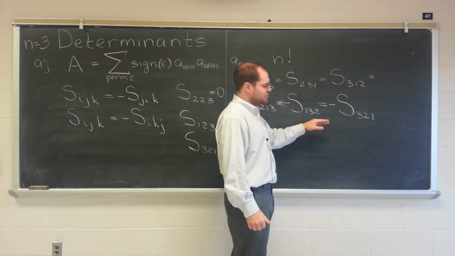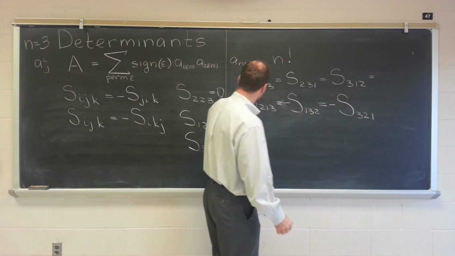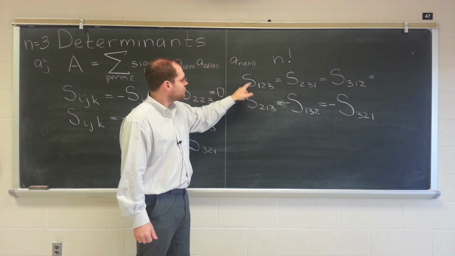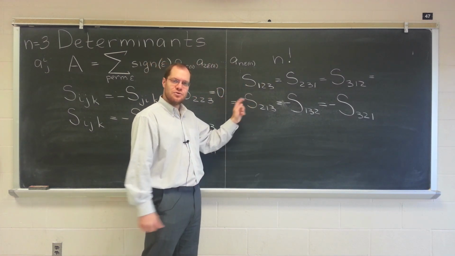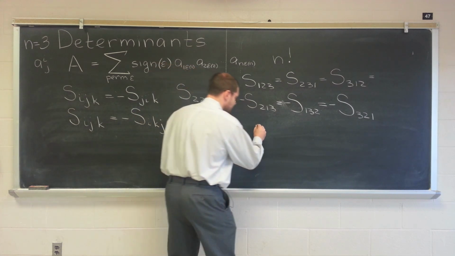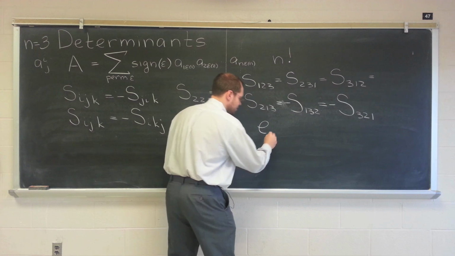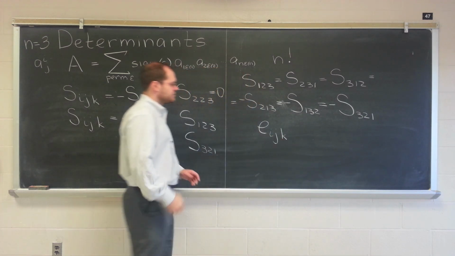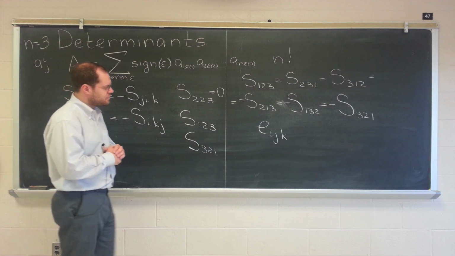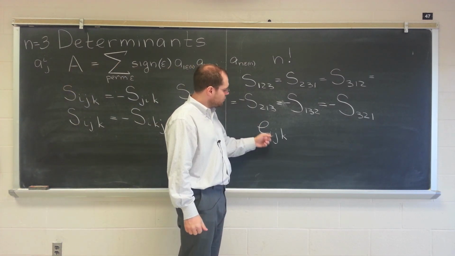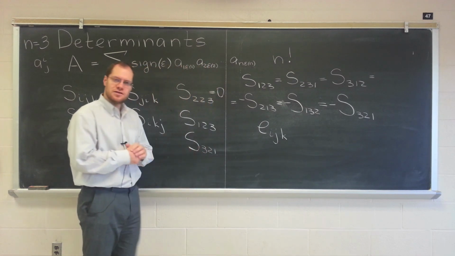And of all these skew-symmetric systems with one degree of freedom, let's look at the one for which the entry 1, 2, 3 equals 1. Those systems have their own notation. E_ijk is a fully skew-symmetric system such that E_123 is 1.